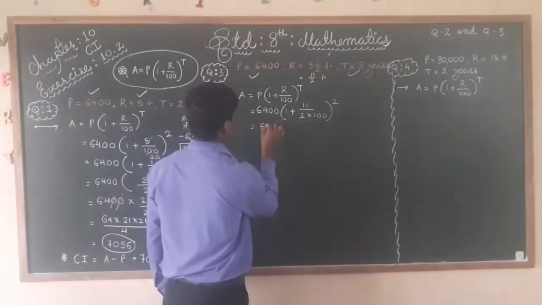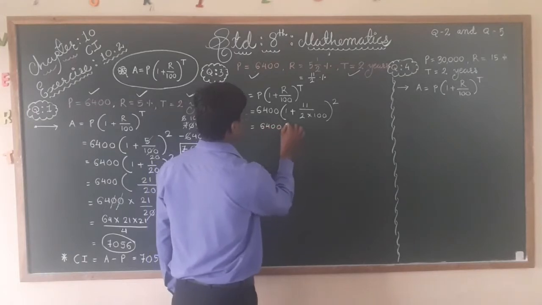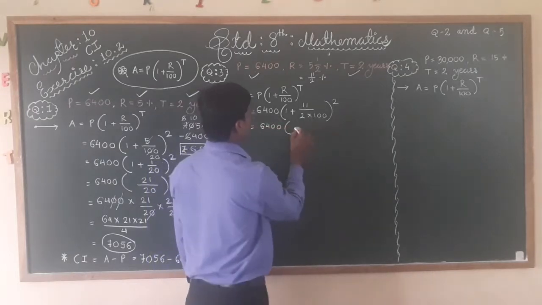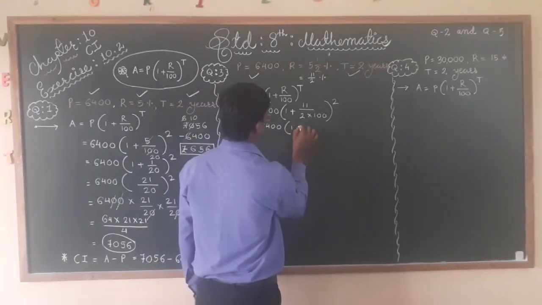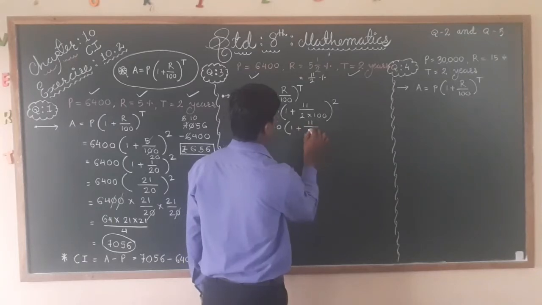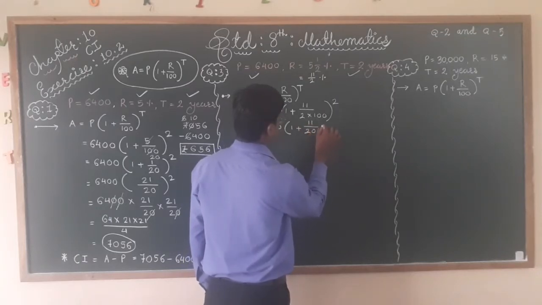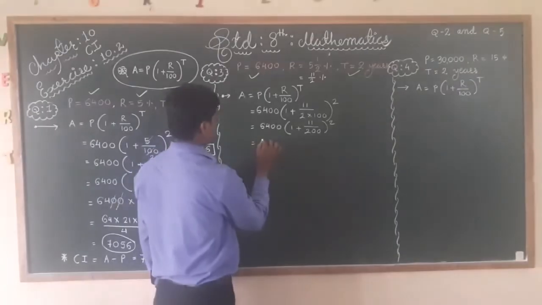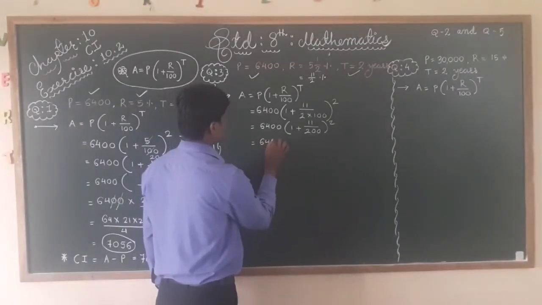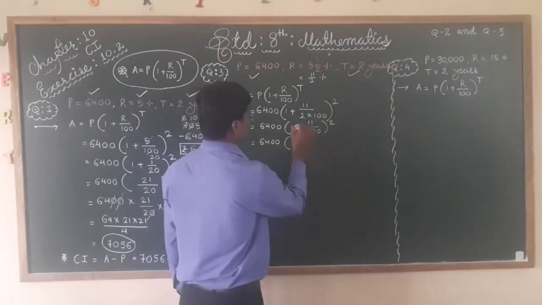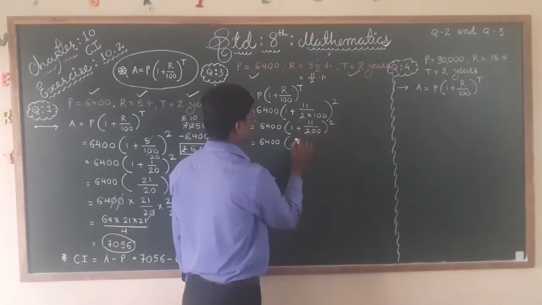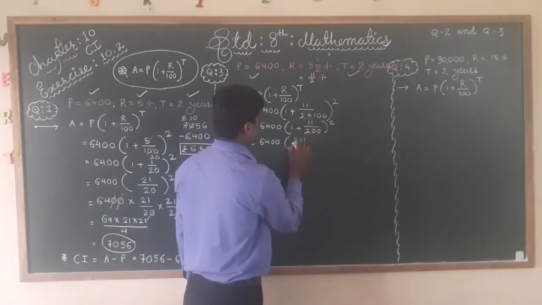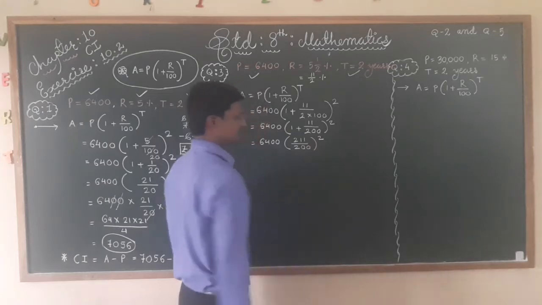So here 6,400 into (1 plus 11/200) whole square. Now here 200 plus 11, so 211 divided by 200 whole square.